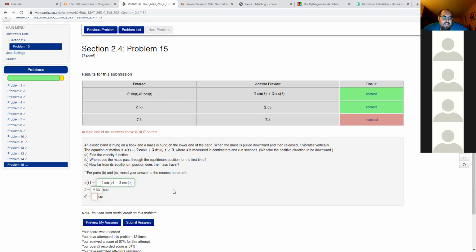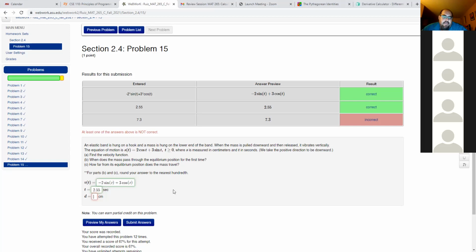So you found where velocity is equal to 0, right? Yes, that's 2.55, and that was correct. Okay, so you found the time when the mass reaches that equilibrium position, right? Yeah. But you have not yet found what the equilibrium position is.